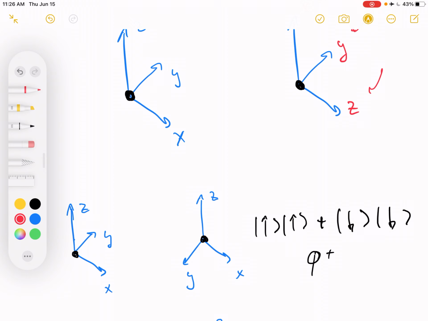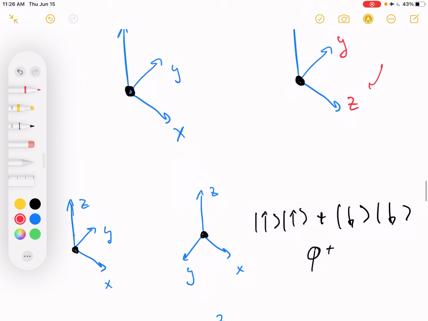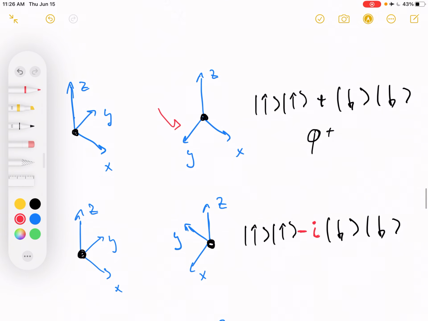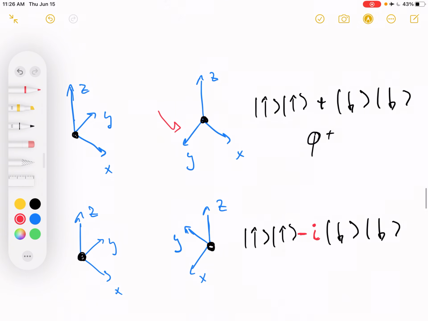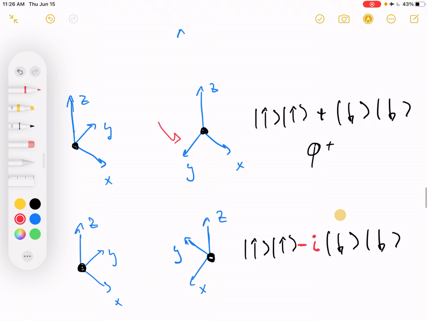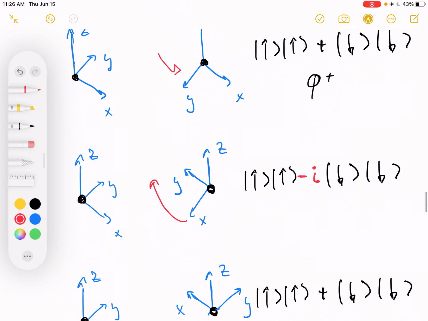So we have our phi plus state, where the y-axis is inverted. This is the phi plus state. If we rotate the second Bloch sphere in the xy plane, as we rotate it by 90 degrees, we get the next state: up, up, minus i, down, down.